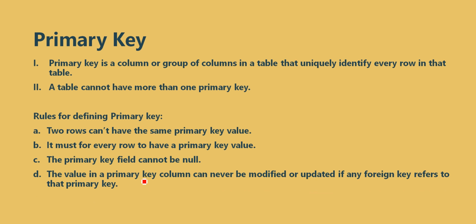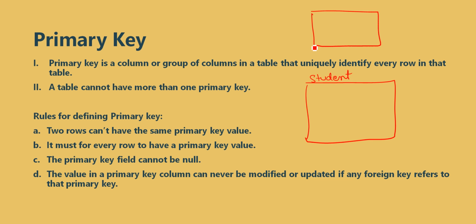The value in a primary key column can never be modified or updated if any foreign key refers to that primary key. It totally means that, let's say I have created a table of students, and I have created a table of marks.